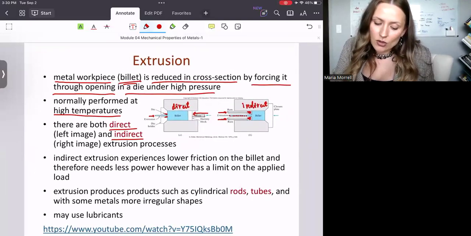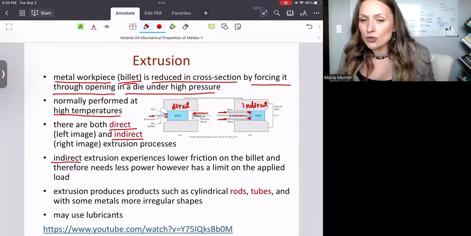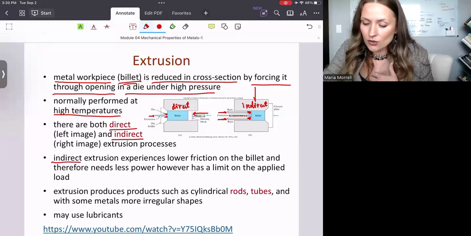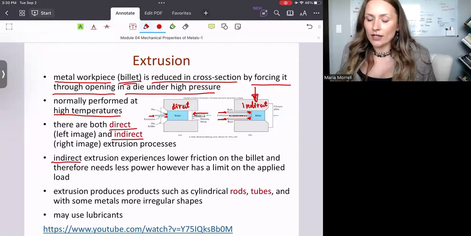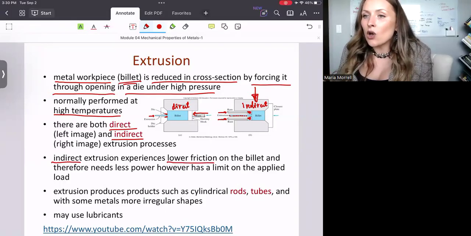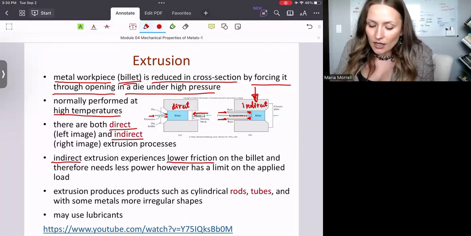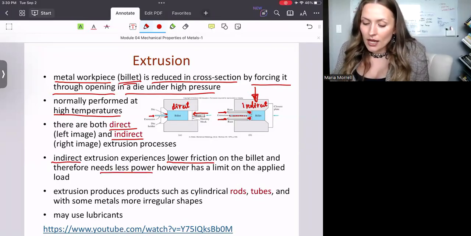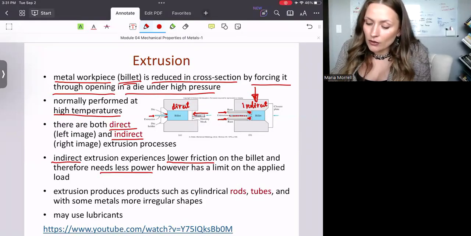But what it means is that usually in the indirect extrusion, right? So this is the extrusion right here on the right-hand side. In that process, the friction is usually lower on the billet and therefore needs less power. However, it does have a limit on the applied load.